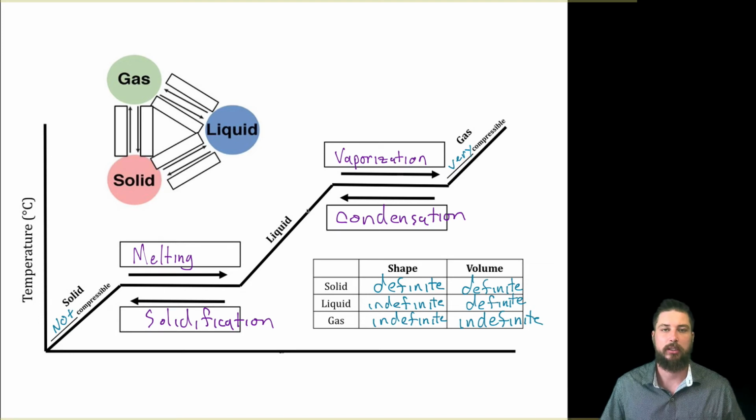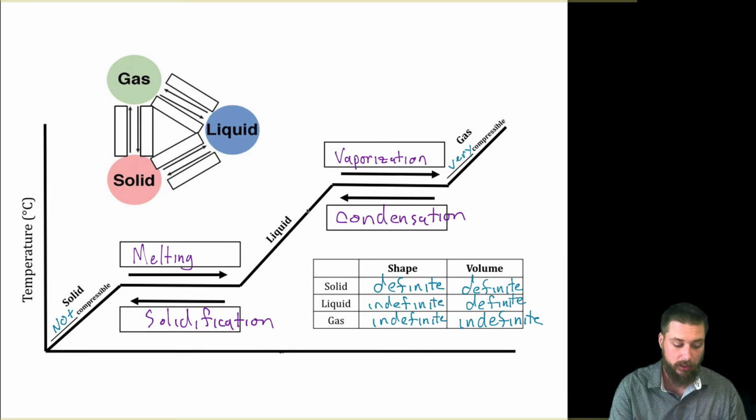Now, if you take a look at the little diagram in the upper left, we're going to fill in the same words that we just used to describe going between the states of matter, except for obviously we're going to add in there going between a gas and a solid. So let's go ahead and fill this in. So when we go between a solid and a liquid, we go from solid to liquid. Again, that's melting.